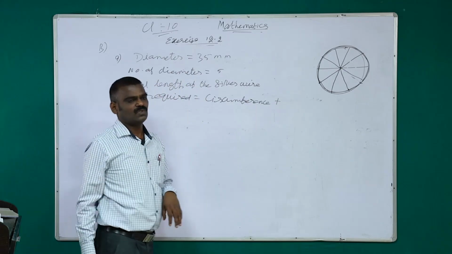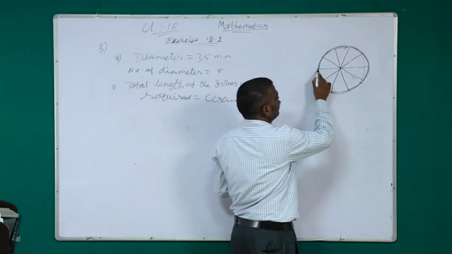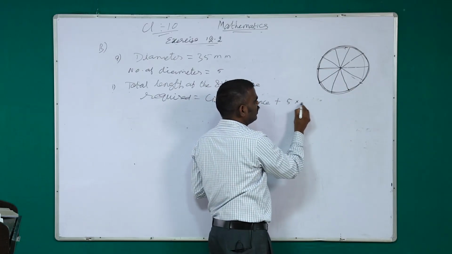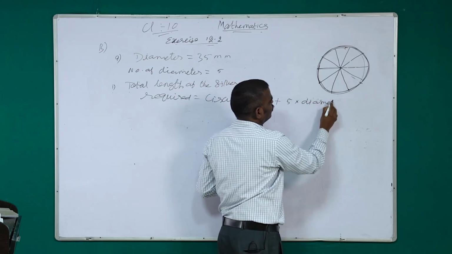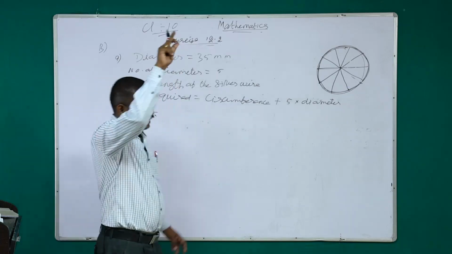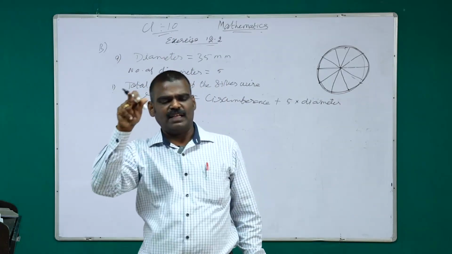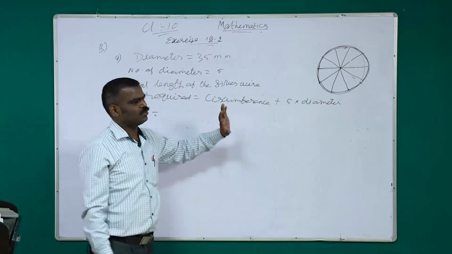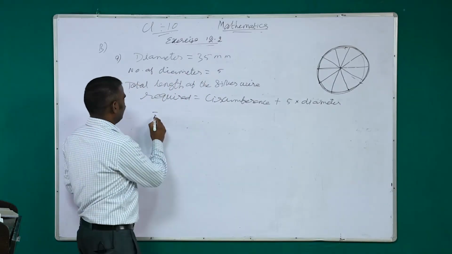Plus, we are going to make how many diameters inside? 5 diameters. So, 5 into diameter. So, the entire circle's length, that is circumference, plus the 5 diameters, if you add together, how much comes, that will be the answer. Okay?